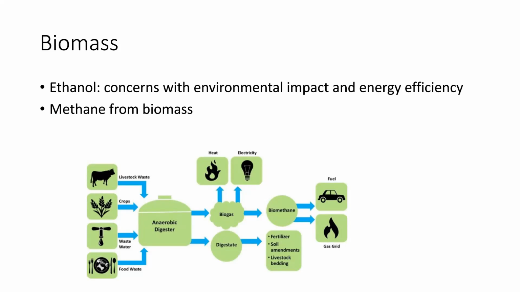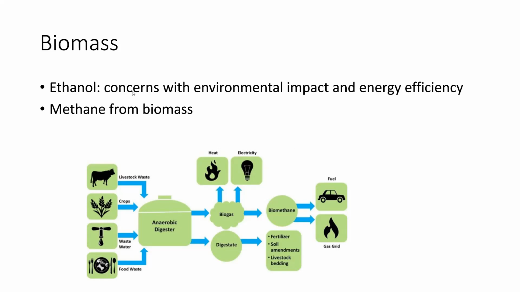But with things like ethanol as a fuel source, the energy efficiency of it is questionable, because the amount of energy that's able to be produced from ethanol is only slightly more than the energy that's needed to produce that ethanol. So it's just not an efficient process in that sense.